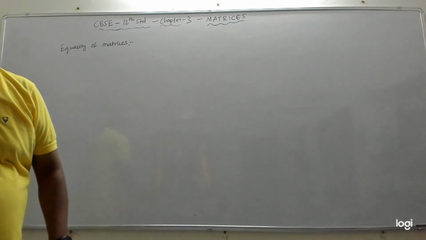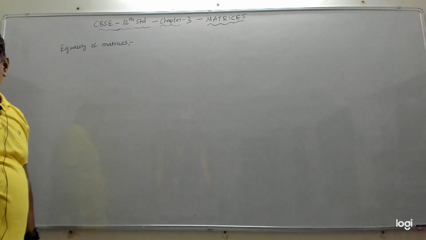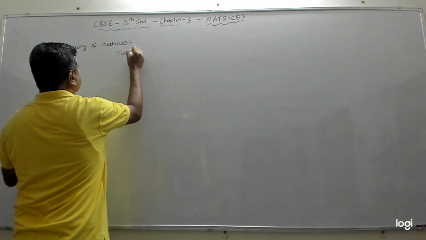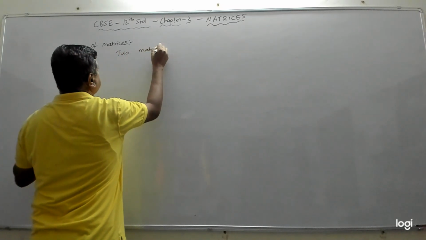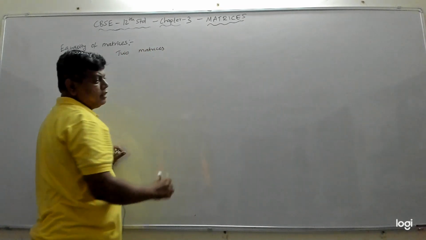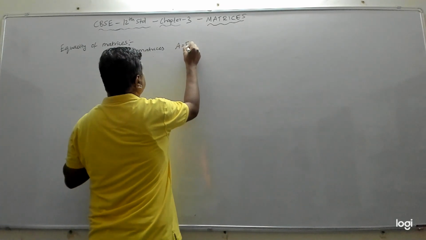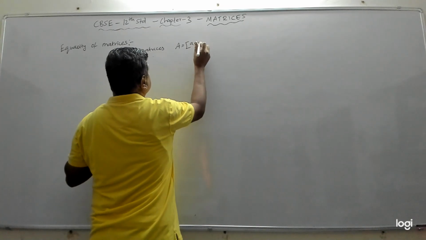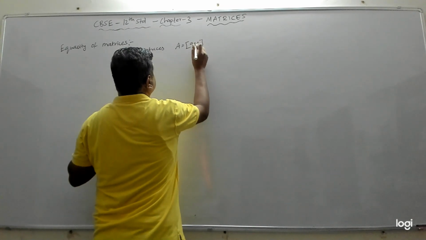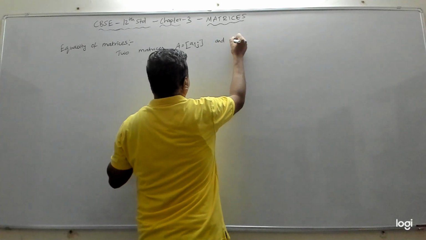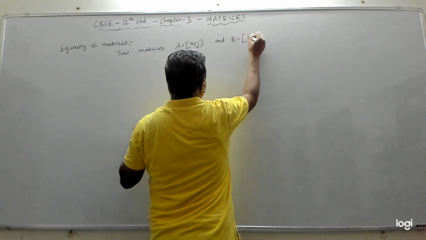Equality of matrices. Suppose there are two matrices. Suppose I call this A equal to Aij, and another matrix, B equal to Bij.